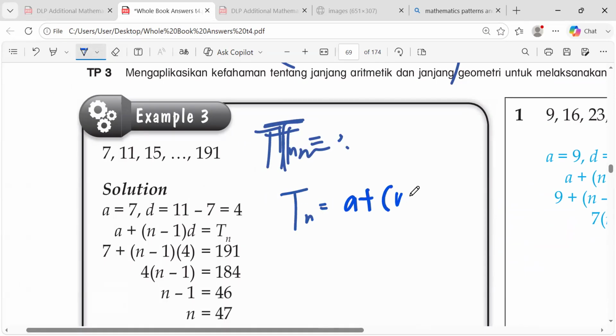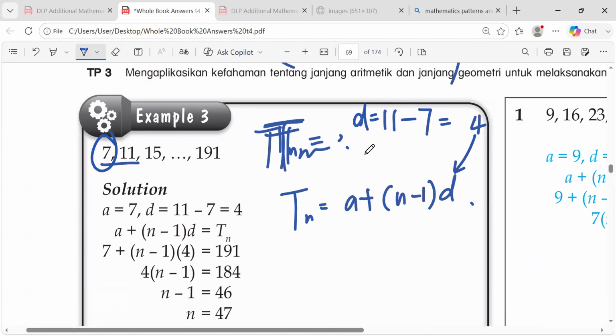Okay, this is the formula you have to memorize, and then find out the D. The current term minus the term before, I get 4. So this is D. Okay, substitute D later. A is 7. So D is 4.